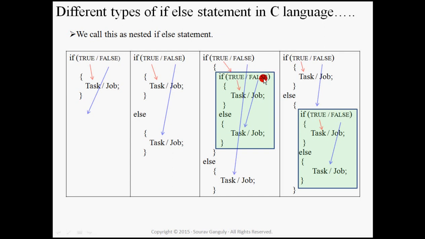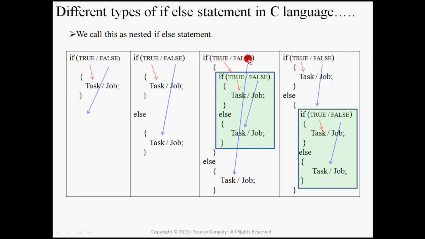If this statement becomes true, then this task will execute. If it becomes false, then the next section will execute. That means this else is directly associated with this if. If this condition is true, this section will execute; if this condition is false, then this else will execute.